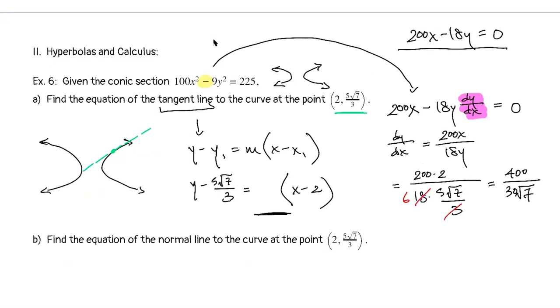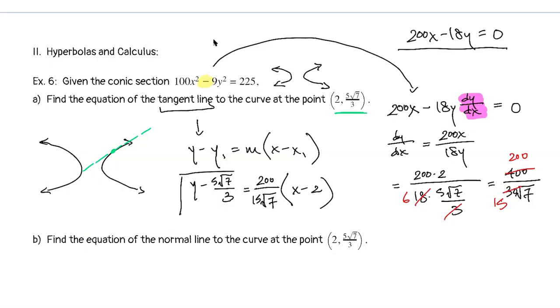I don't know why I didn't. That's totally fine. But we can reduce at any stage. And I think here we can reduce this to 215. And so our slope that we put in is going to just be 200 over 15 root 7.